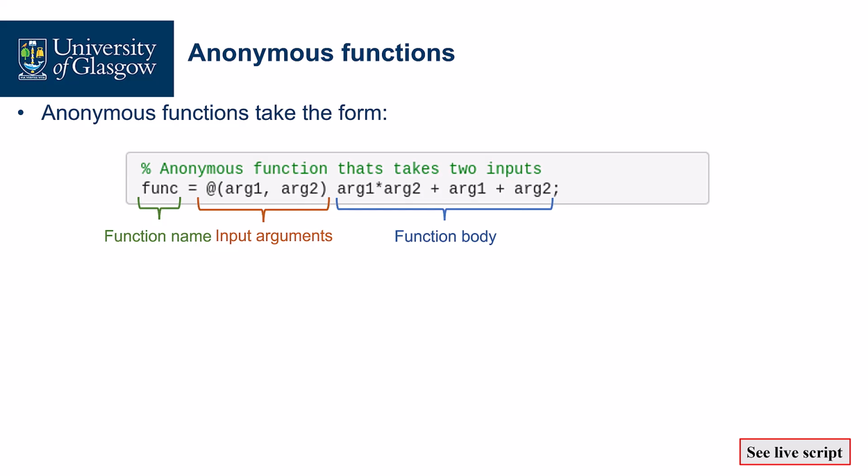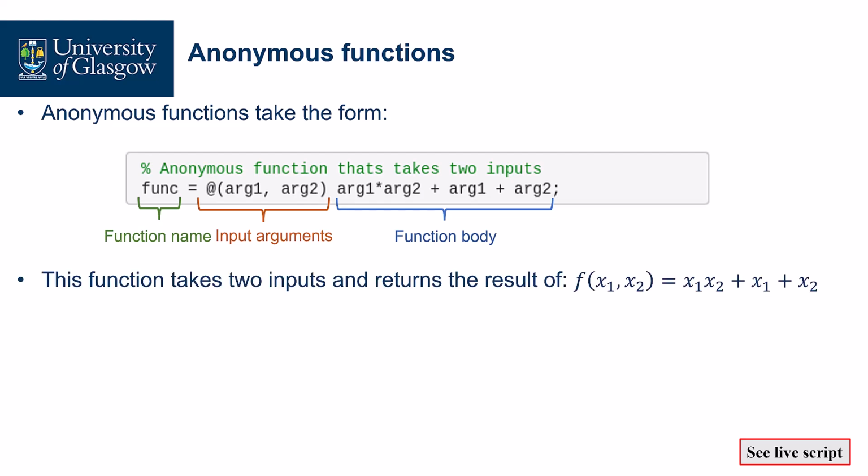First of all, let's see what this function is doing. The return is arg1 multiplied by arg2 plus arg1 plus arg2. This is the function body. So we calculate the result f(x1, x2), which equals the multiplication of them plus the sum of them.